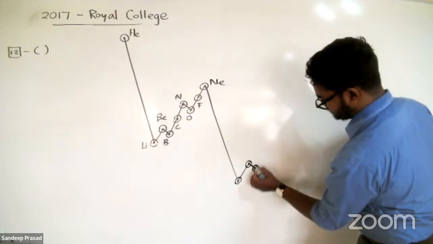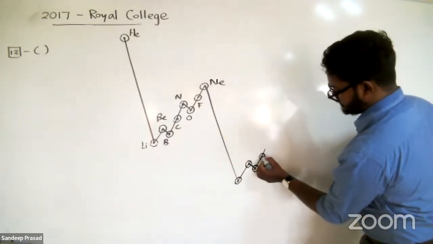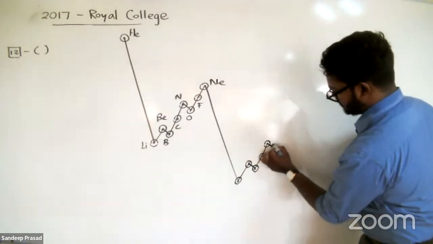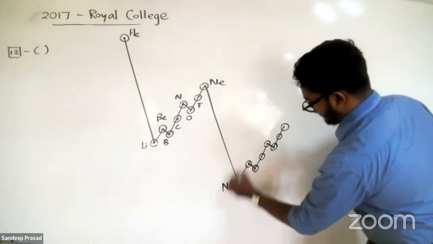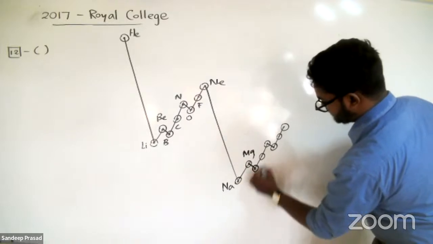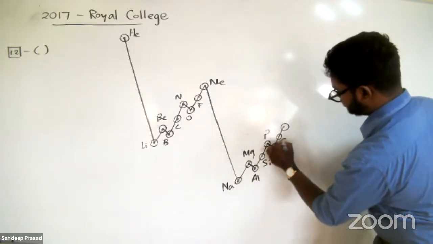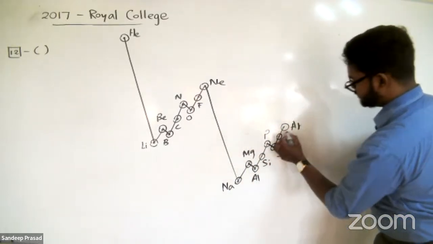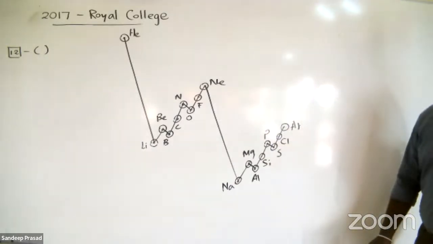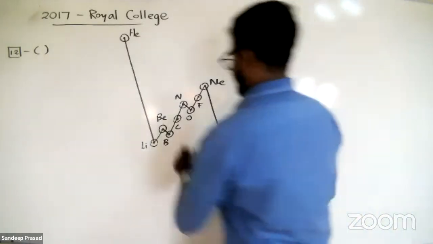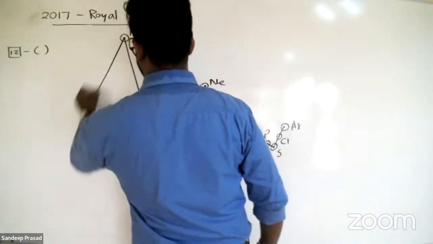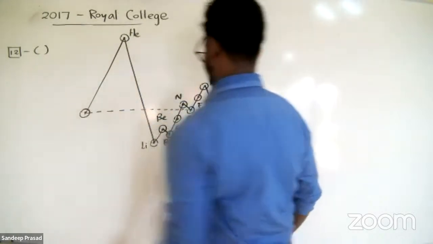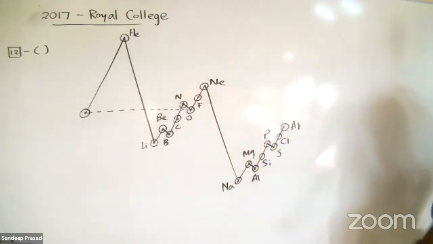Zigzag variation, isn't it? In this way. Sodium, magnesium, aluminium, silicon, phosphorus, sulfur, chlorine, argon, and potassium, calcium also go down, right? And I told you that according to your resource book, oxygen and hydrogen, both of them are in the same horizontal plane. They have the same value of ionization energy.